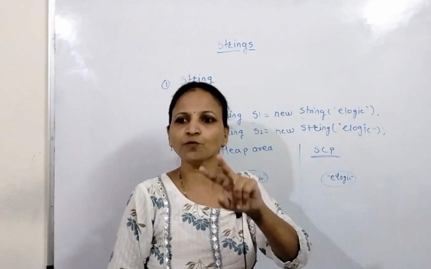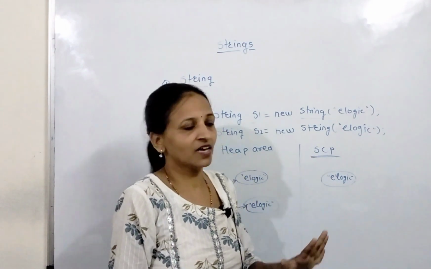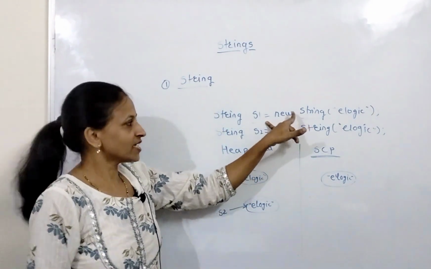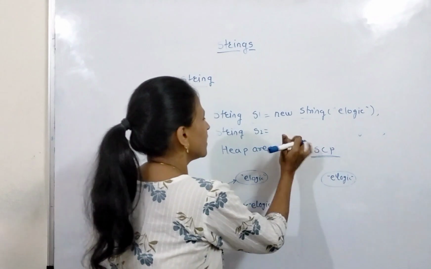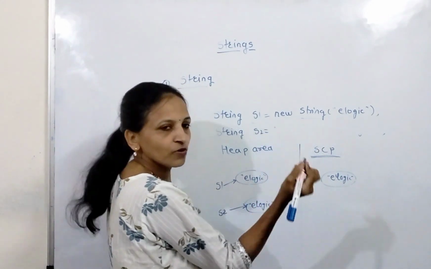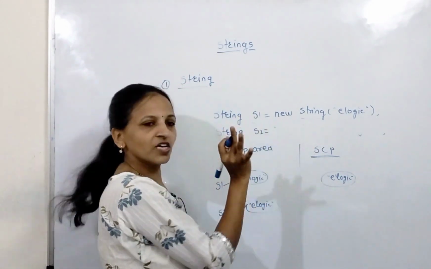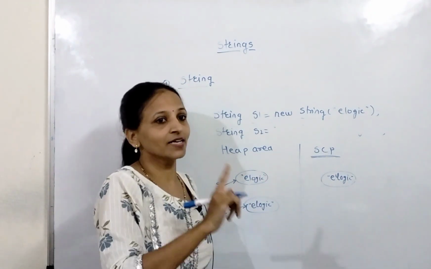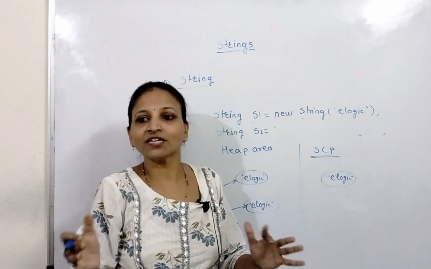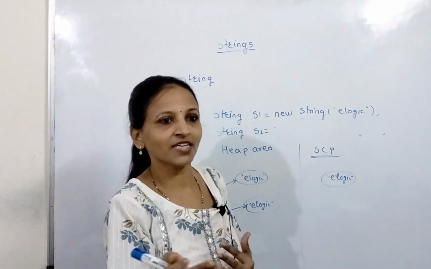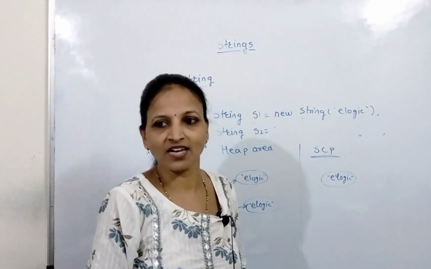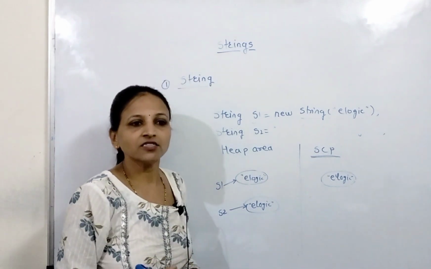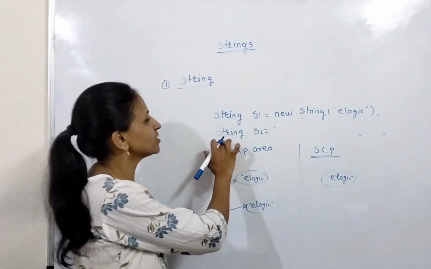This is just the difference in how we can create a string variable. There are two mostly used ways. The first way is like this and the second way is like this. Directly assign whatever string you want to store in s2. This is the second way. If you want to accept the string from the user, then you just create a scanner class object and accept it. In that case you can just declare a reference like String s2 only.